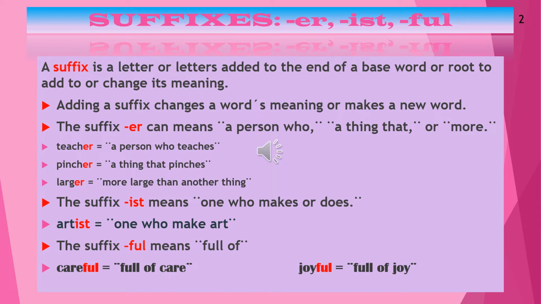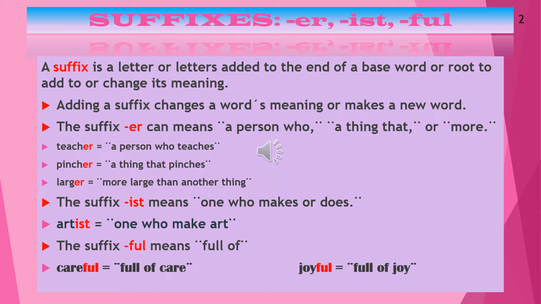Okay, now let's talk about the suffix er. The suffix er can mean a person who, or a thing that. Here we have a person who teaches is a teacher. A thing that pinches is a pincher.